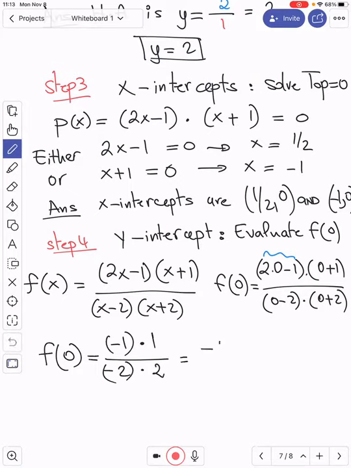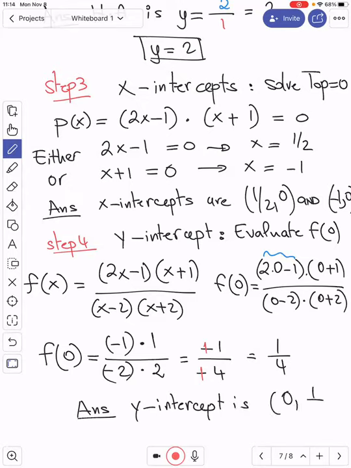That's -1 in the top and -4 in the denominator. Negative over negative is positive, so that's 1/4. So the y-intercept is (0, 1/4).